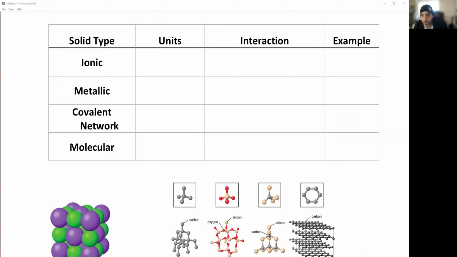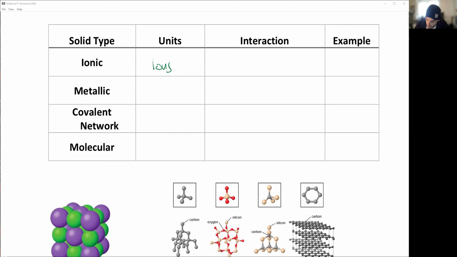So we have 4 different types of solids that we're going to talk about: ionic, metallic, covalent network, and molecular. So an individual unit of these bulk solid types. An ionic substance has individual ions that make up essentially the individual units.